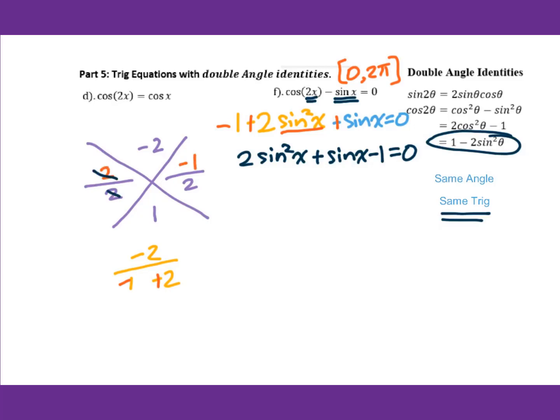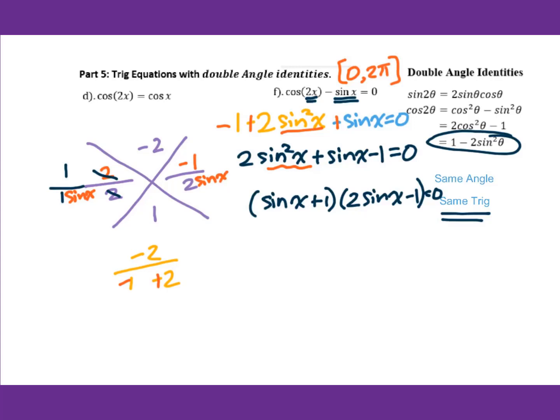Don't forget to reduce. You will get 1 over 1. Check the variable. That's sin x. Therefore, you will get sin x plus 1 times 2 sin x minus 1 equal to 0.